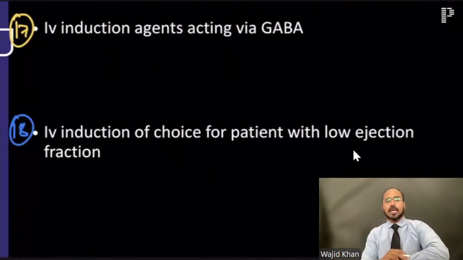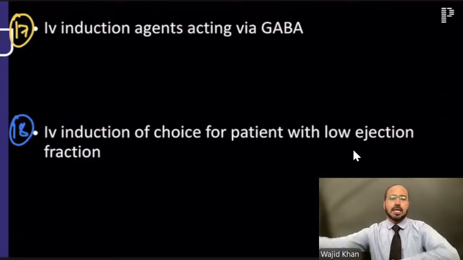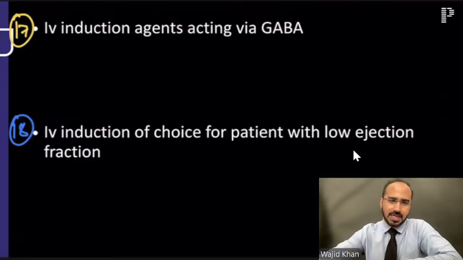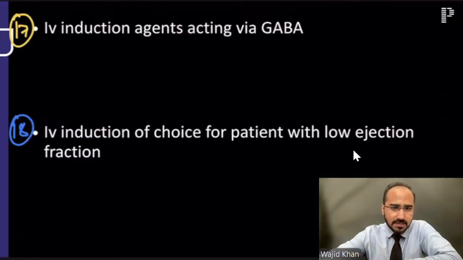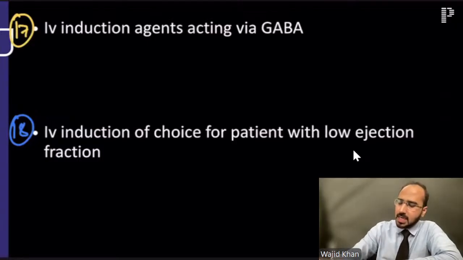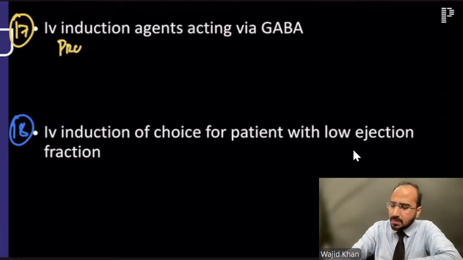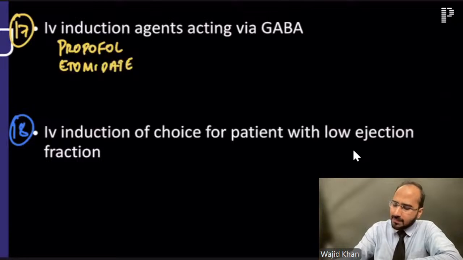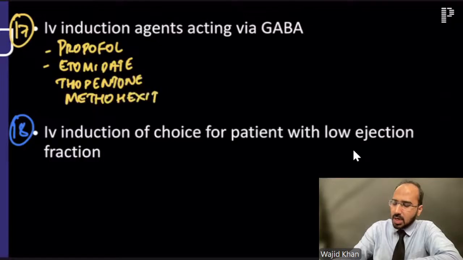Coming to general anesthesia. In general anesthesia, the first question is about IV induction agents which act via GABA receptors. In IV induction agents, you have propofol, etomidate, thiopentone, methohexitone.